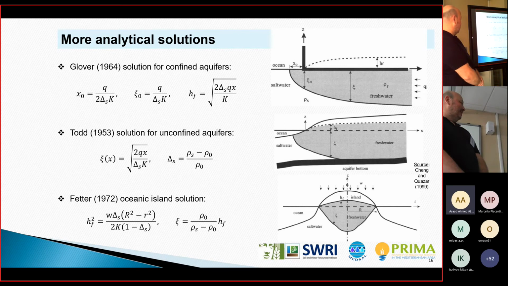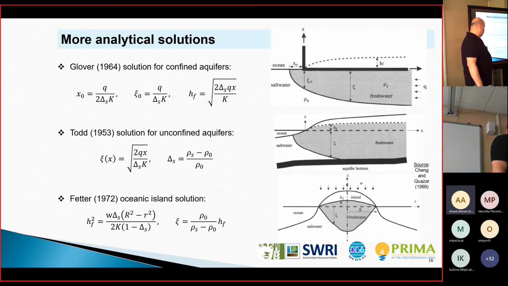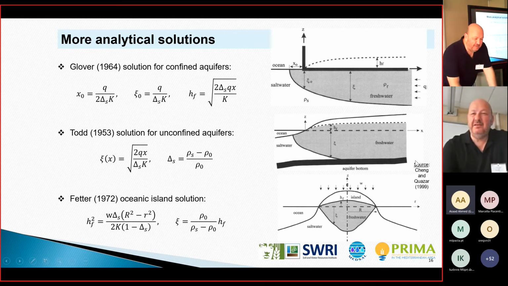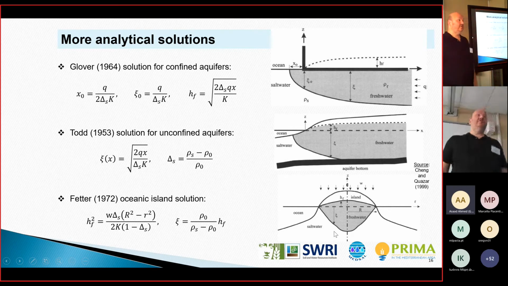And if we focus on this solution for the oceanic island, we can see that if we have the recharge W on the top of the island, constant recharge, in an aquifer with constant hydraulic conductivity, K, from this equation we can find the freshwater head, HF, in a particular position of the island, and then we can find the sharp interface with letter C in the same location.